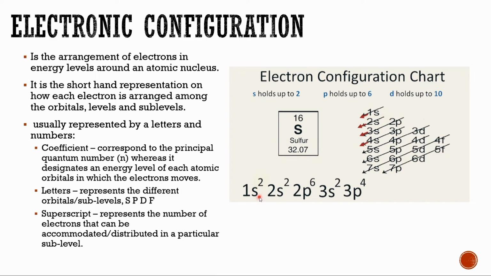Okay? Please remember that dun sa kabilang vlog ko, nabanggit ko dyan na ang S ay kaya mag-hold up to 2 electrons. Ang P subshell naman ay kaya mag-hold up to 6 electrons. Okay? Dito, nilagay lang natin na P4 kasi nga 4 electrons na lang ang kailangan natin para mag-equal siya sa 16 electrons. Okay, I hope nakakasabay po ang lahat.